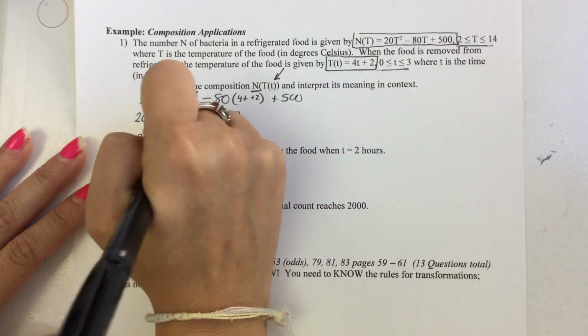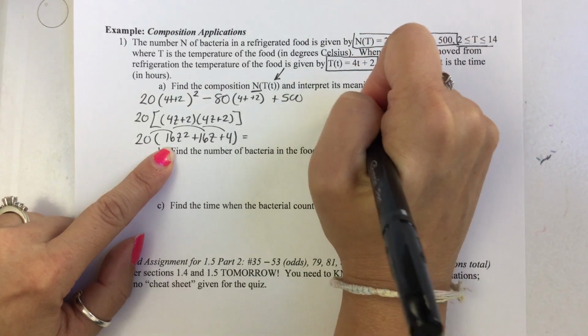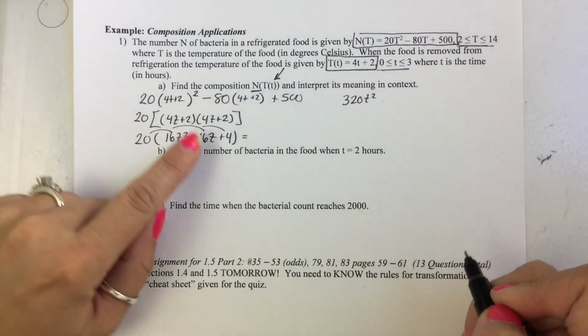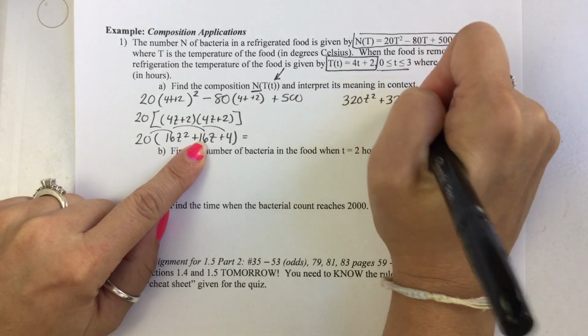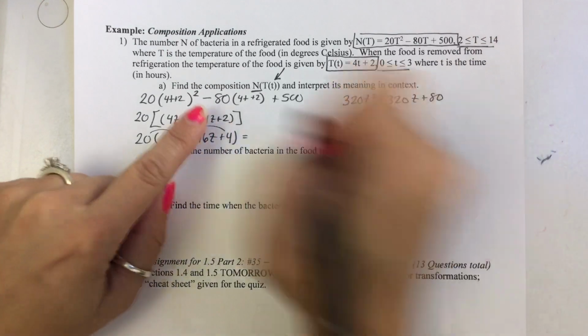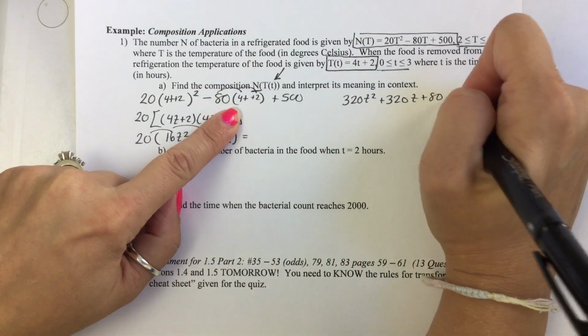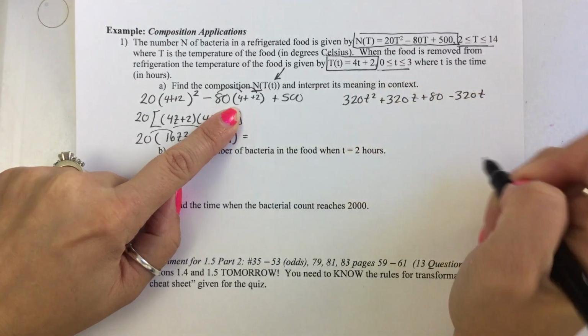So I can go ahead now and distribute. 20 times 16t squared, 320t squared. 20 times 16t, 320t. 20 times 4, 80. Now I'm going to distribute this negative 80. Negative 80 times 4t, negative 320t.